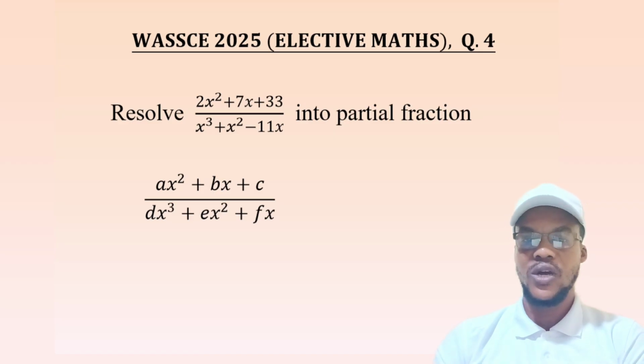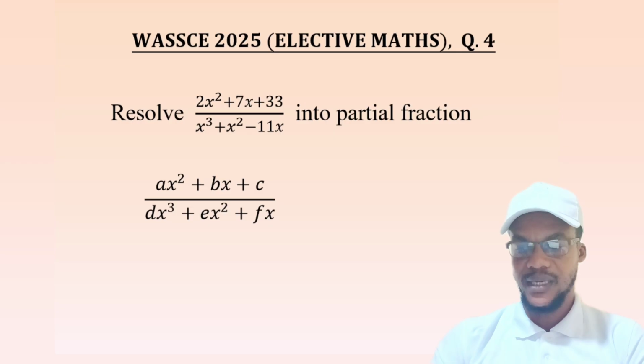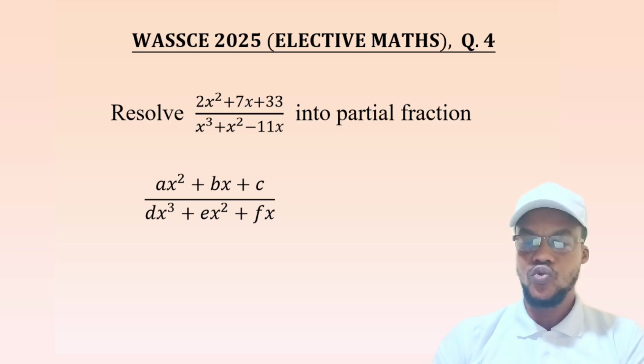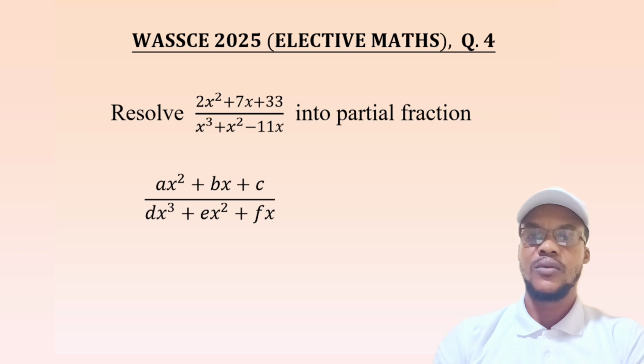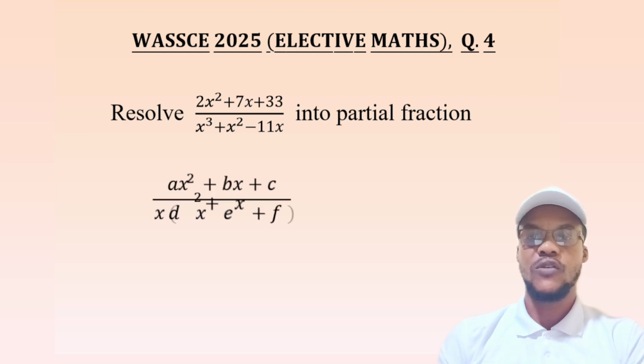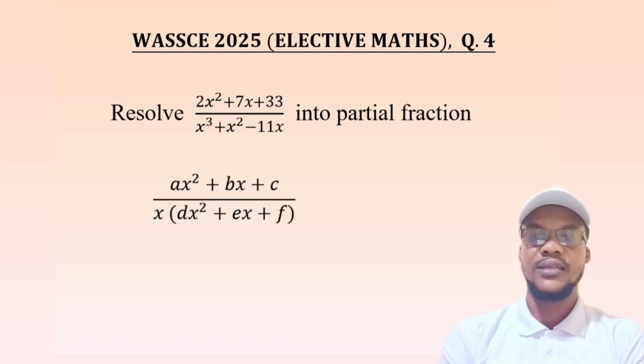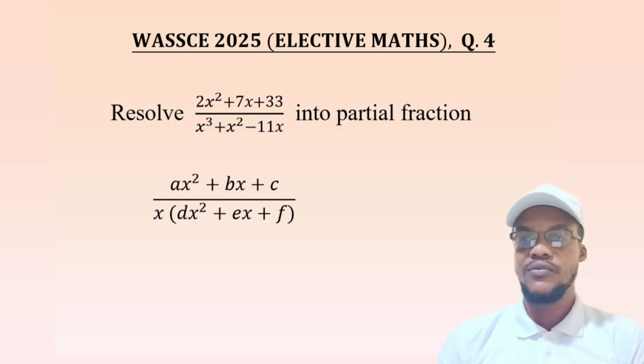Because we have a cubic function as our denominator, we need to factor x out. If you try to factor x out, this is what we are going to get. And why are we saying we have to factor x out?